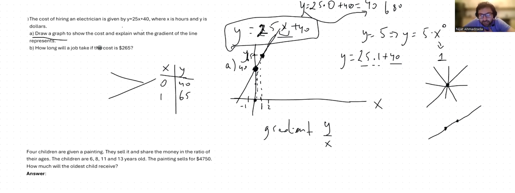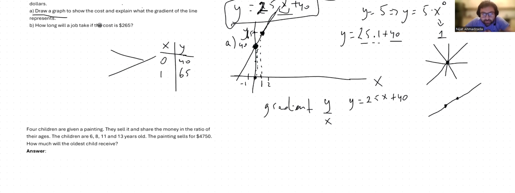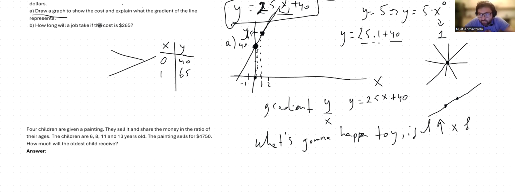So we got y equals 25x plus 40. The gradient asks this question: what is the effect in y if I change x by 1? What's gonna happen to y if I increase x by 1.